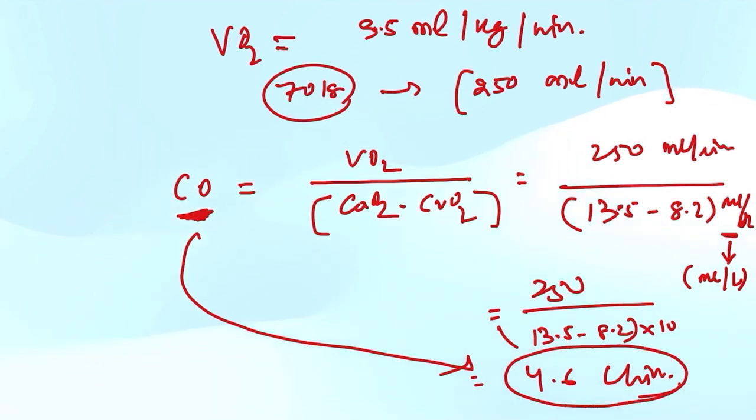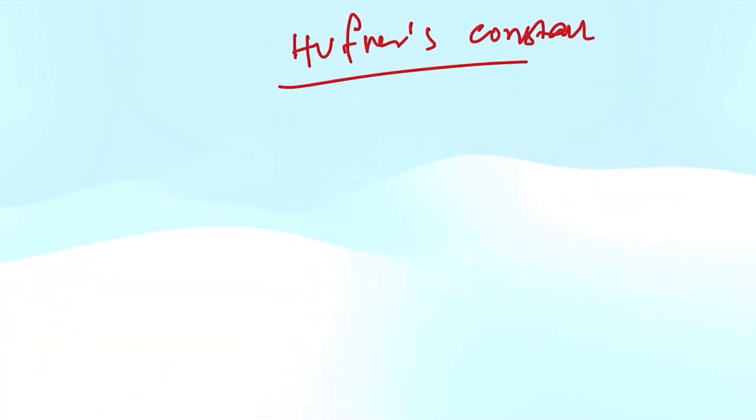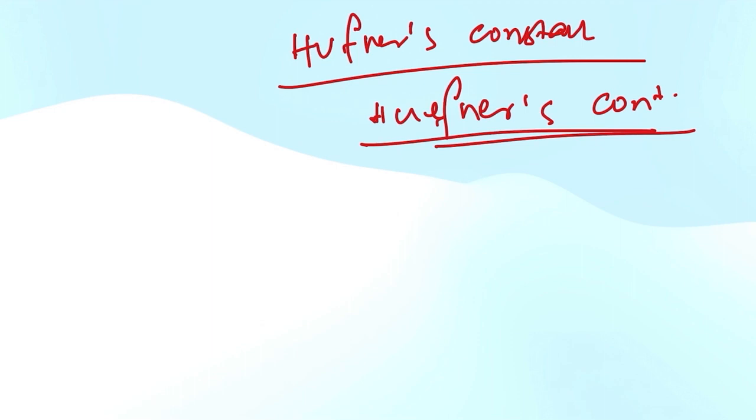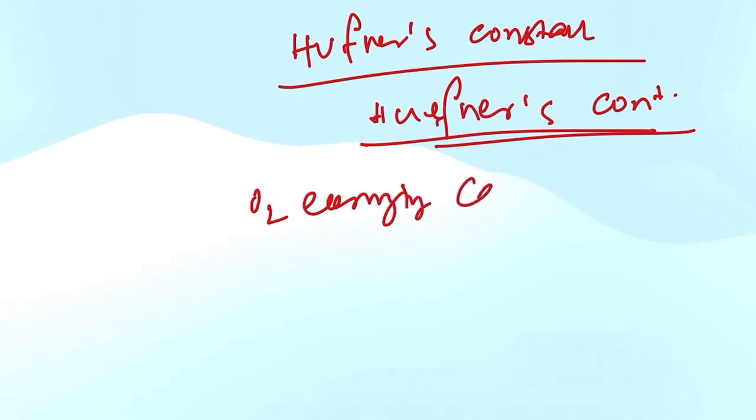So this way we got our cardiac output by using Fick's principle. Understood? Okay. So now what is Hufner's constant? Sometimes it is also written as Huefner's constant, or Hufner's constant, interchangeably. So this is basically the oxygen carrying capacity of our hemoglobin.